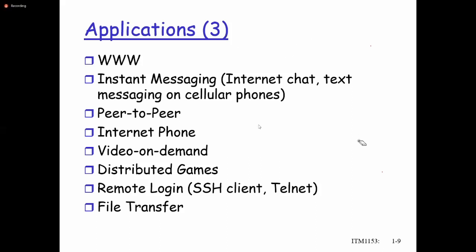As I said earlier, in the computer networks and applications subject, you will learn more about the different protocols. For example, in networks there are different layers, like the transport layer, application layer and data link layer. I'm not going to talk about that.